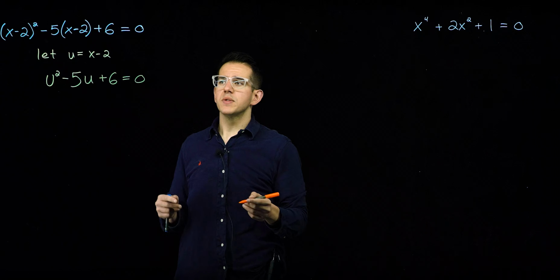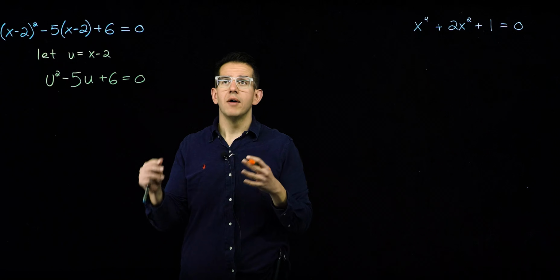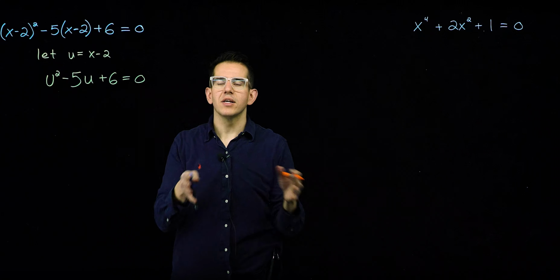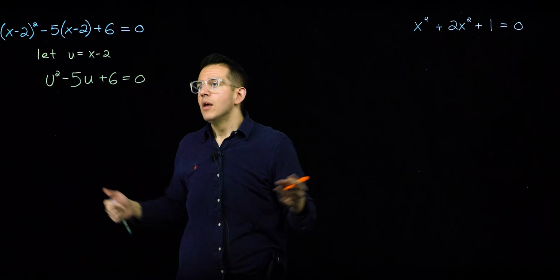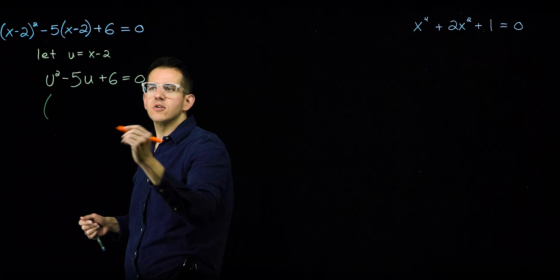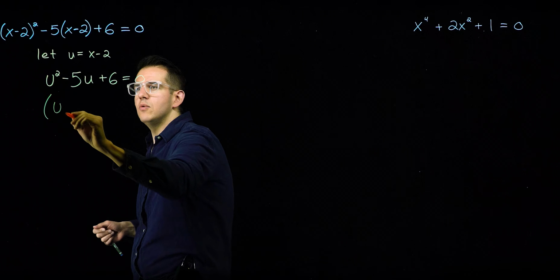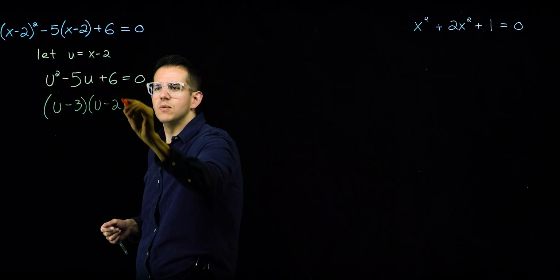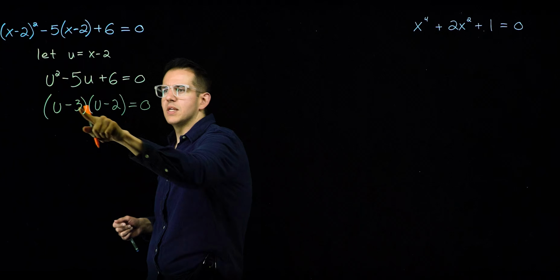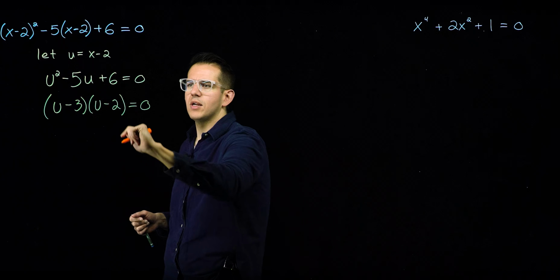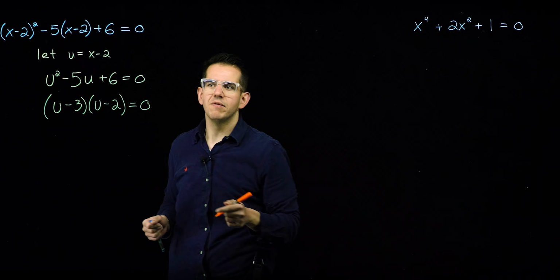At this point, we can solve with the quadratic formula or with factoring, since this is a quadratic equation. I'll go ahead and use factoring here, since this factors very nicely into u minus 3 times u minus 2, since negative 3 times negative 2 is positive 6, and negative 3 plus negative 2 is negative 5.